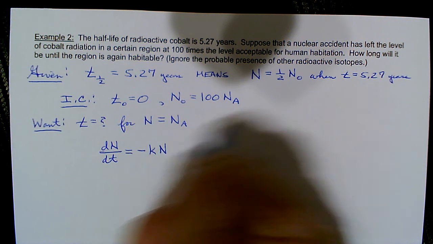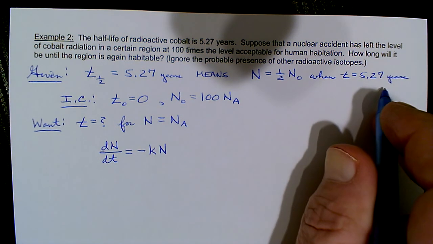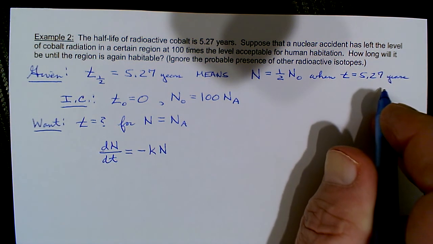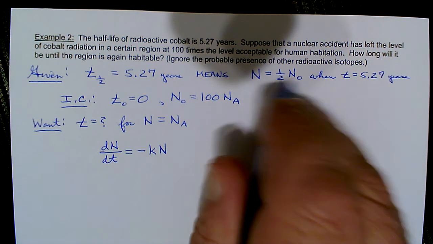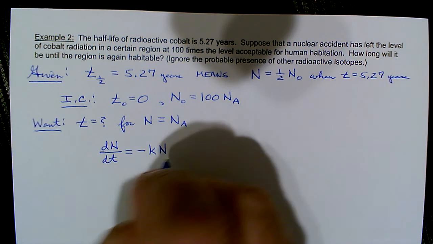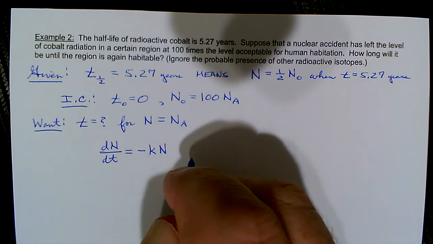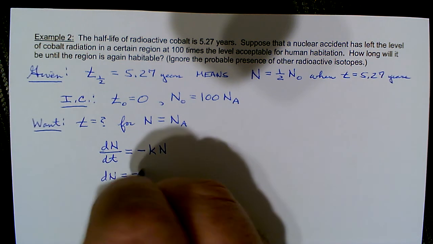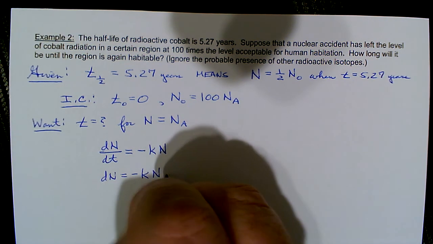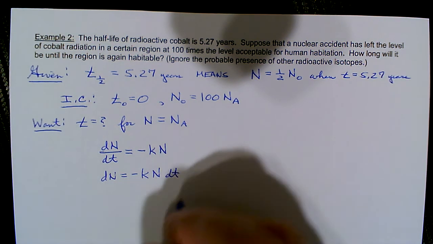Okay, it's not the 5.27. That's not the value of k. K is determined based on that time. But first we have to separate the variables in general. So let me say dn equals negative kn dt, so differential form.